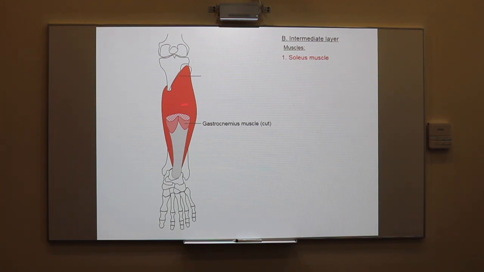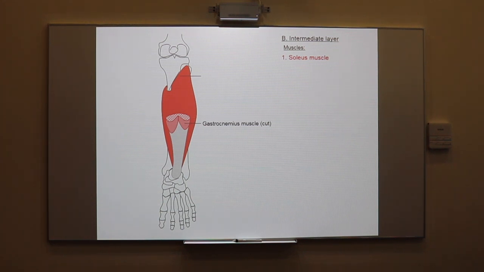Now soleus also has a rich venous plexus inside it. From the superficial veins, the perforating veins are going to form a rich plexus of veins within the substance of the soleus, and then the soleus is going to communicate with the deep veins, which are passing below the soleal arch.